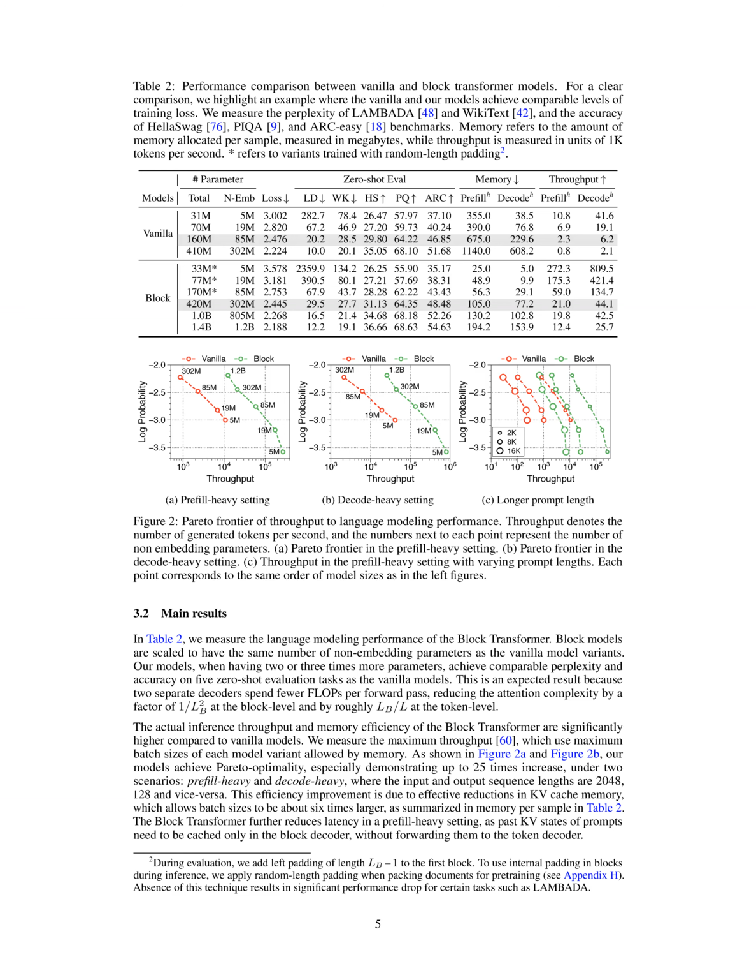This efficiency improvement was attributed to effective reductions in KV cache memory, allowing batch sizes to be about 6 times larger. The model also notably reduced latency in a prefill-heavy setting by caching past KV states of prompts only in the block decoder, without forwarding them to the token decoder.